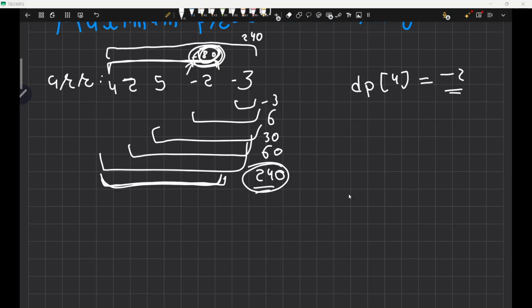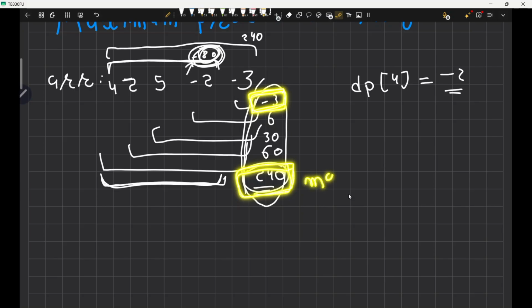Because now you can really say that you don't have to store all of the possible ways. You only need the maximum value with this negative sign, and the maximum value with this positive sign, or you can say the maximum value and the minimum value, right?